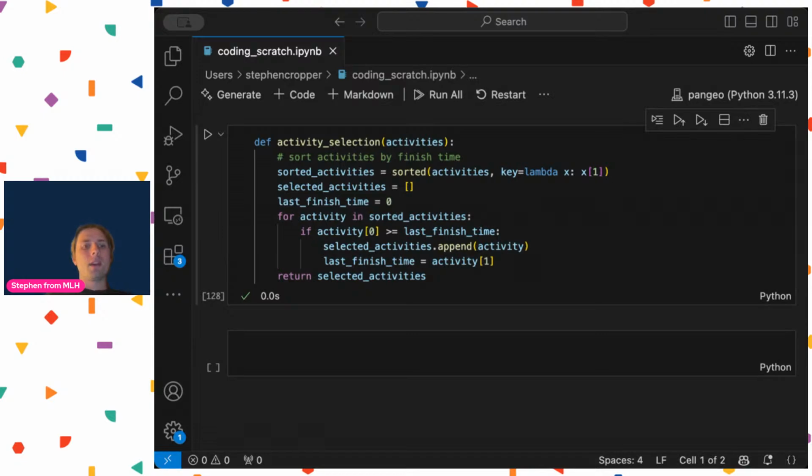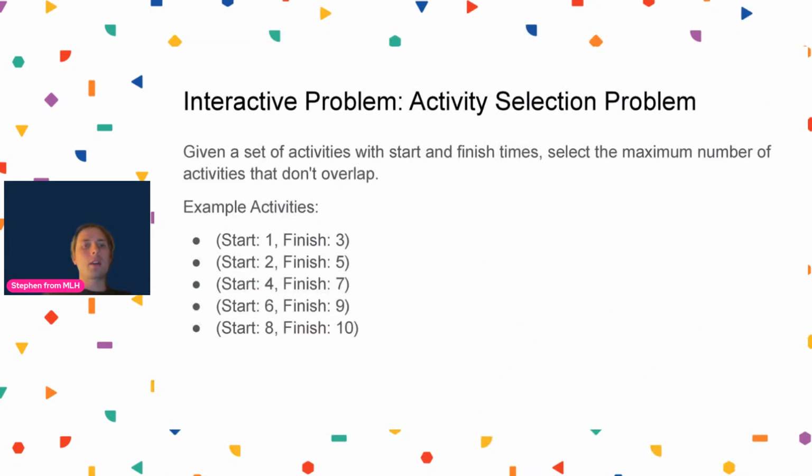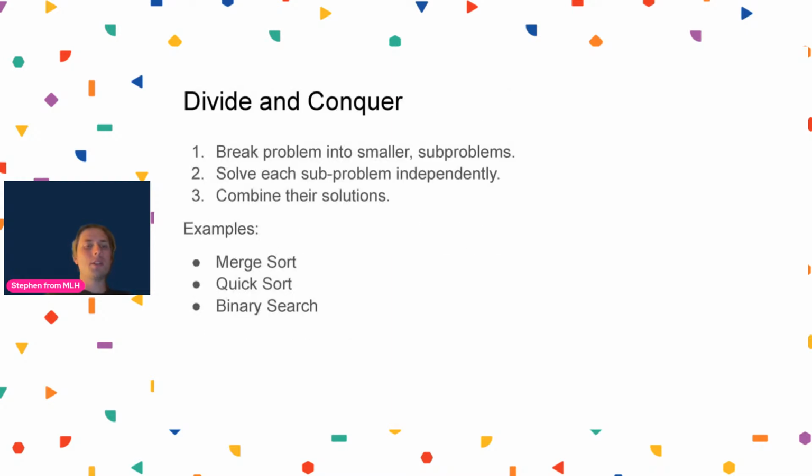All right. And I have another example for you to check, which is called divide and conquer. So this is where we break the problem into smaller subproblems. We solve each subproblem independently, and then we combine their solutions.